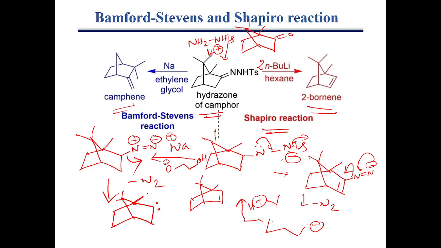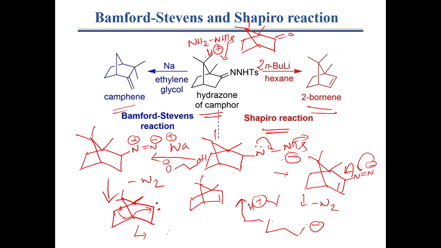As I previously discussed, in the Danforth-Stevens reaction, if there is a proton, that will migrate, but here there is no proton. So this C-C single bond will migrate here.